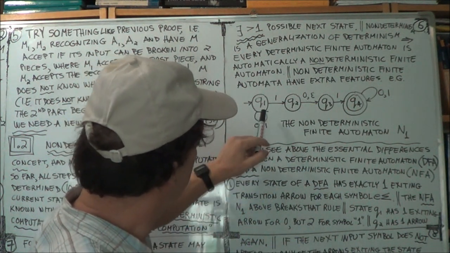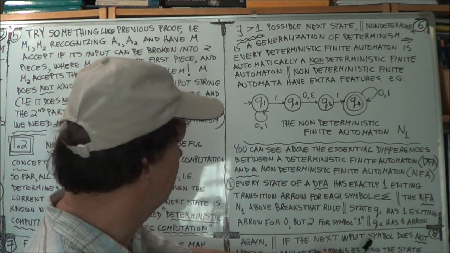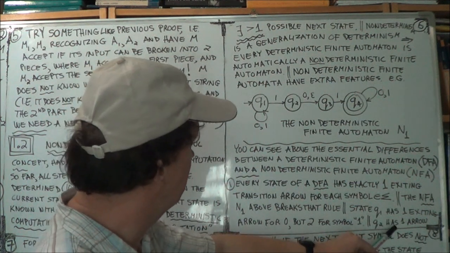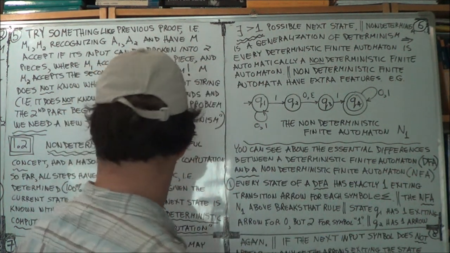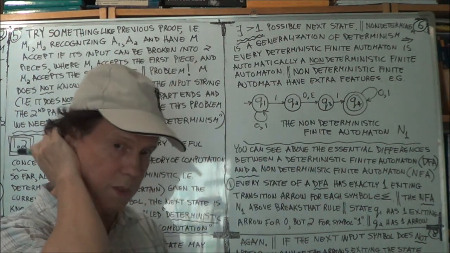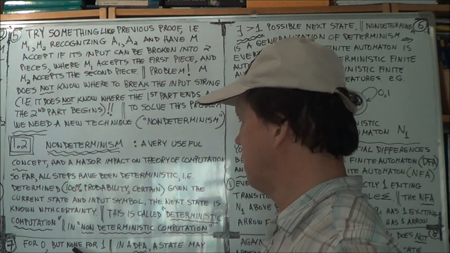Now state Q2 has one arrow for 0, which would be normal for a DFA, and none for 1.